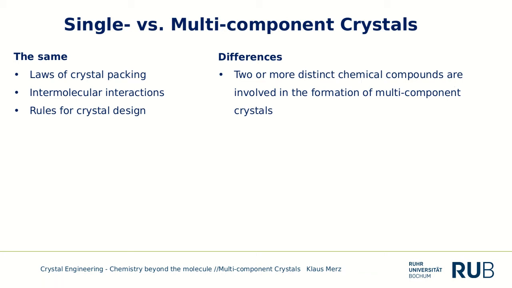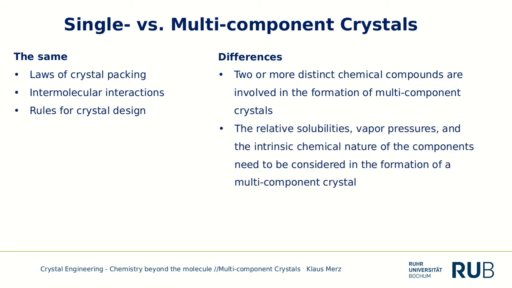That's the first point. And as a result, the multi-component crystals differ in their chemical and physical behavior from the single compounds. So solubility, for example, vapor pressure, and sometimes the chemical nature differs in comparison to the single compound.